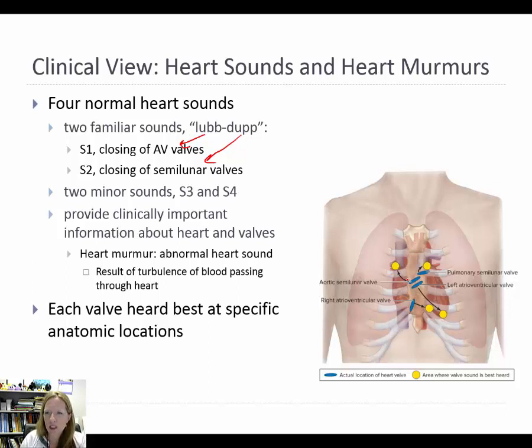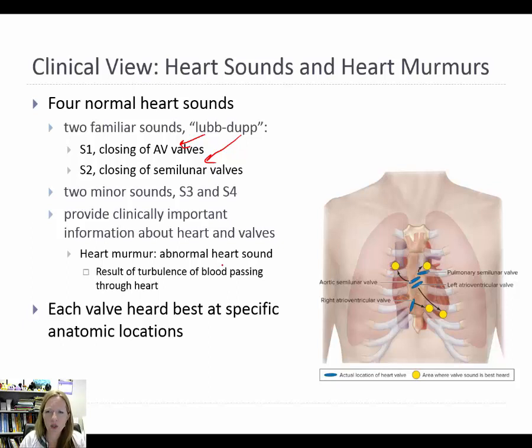There are a couple of reasons why the valves aren't working. Maybe they're not closing all the way because they're no longer elastic, or maybe they're stenotic. Valvular stenosis is where they stiffen, and that happens with age sometimes. And so they're not able to close all the way either.